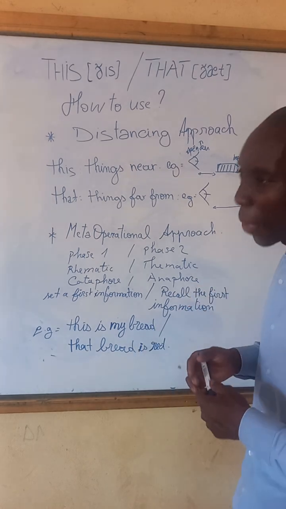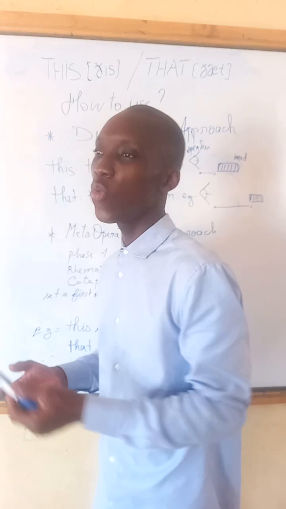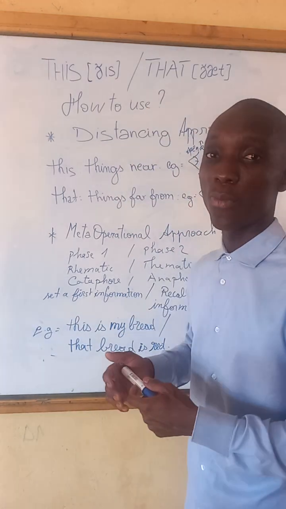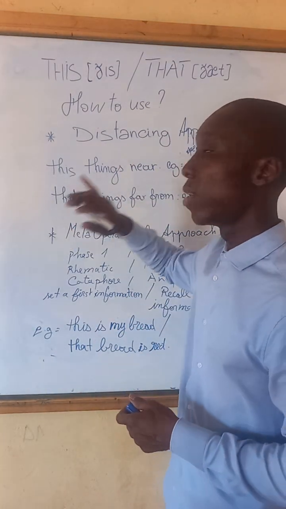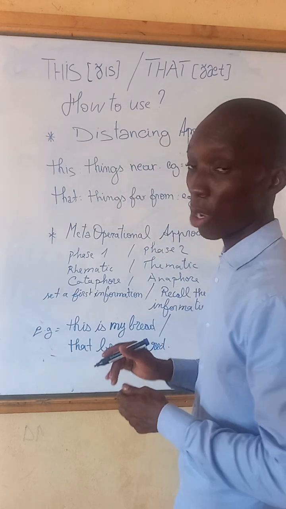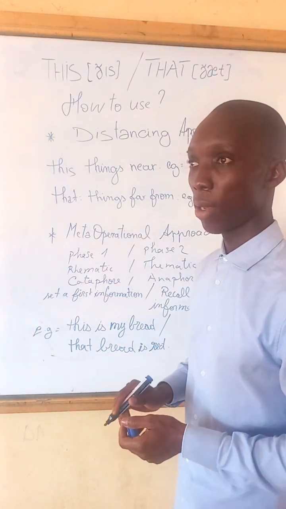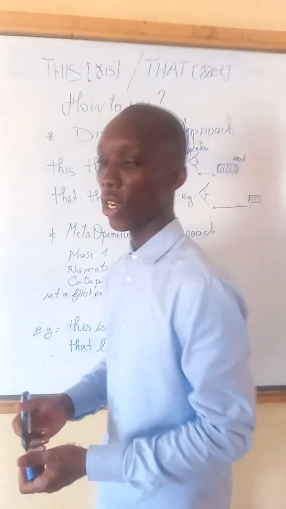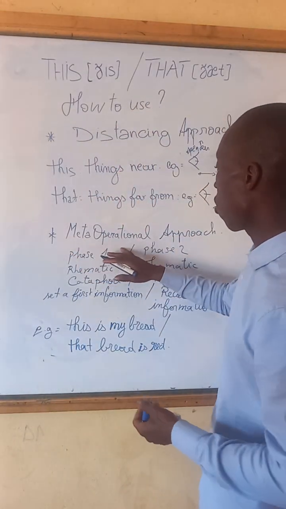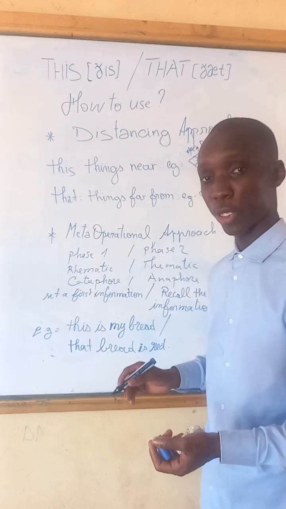Okay. But why do we only base our assumption of comprehension of this and that upon the distancing approach only? We have another type of approach we call the metaoperational approach.